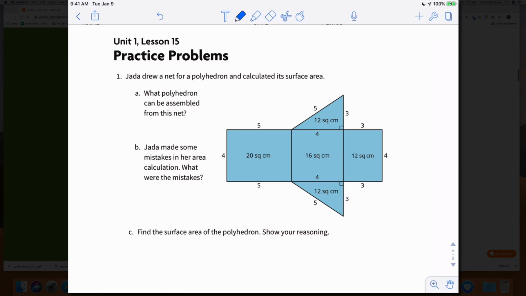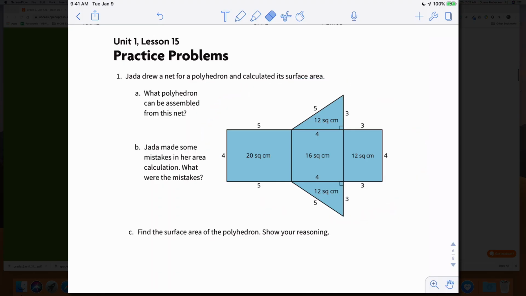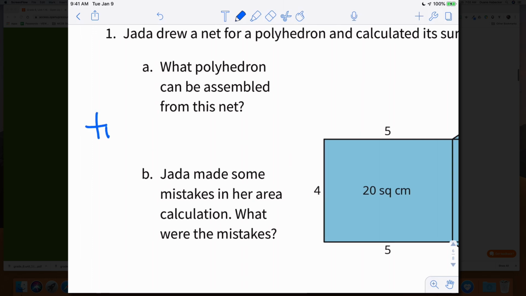So Jada drew a net for a polyhedron and calculated its surface area. What polyhedron can be assembled from this net? So when we cut it out and fold it, what shape is going to be created? And in this case, it's going to be a triangular prism.